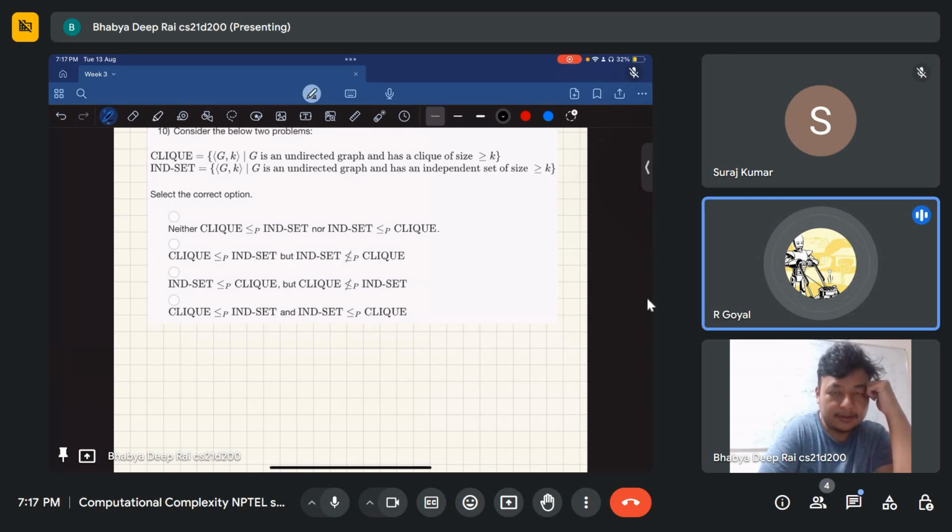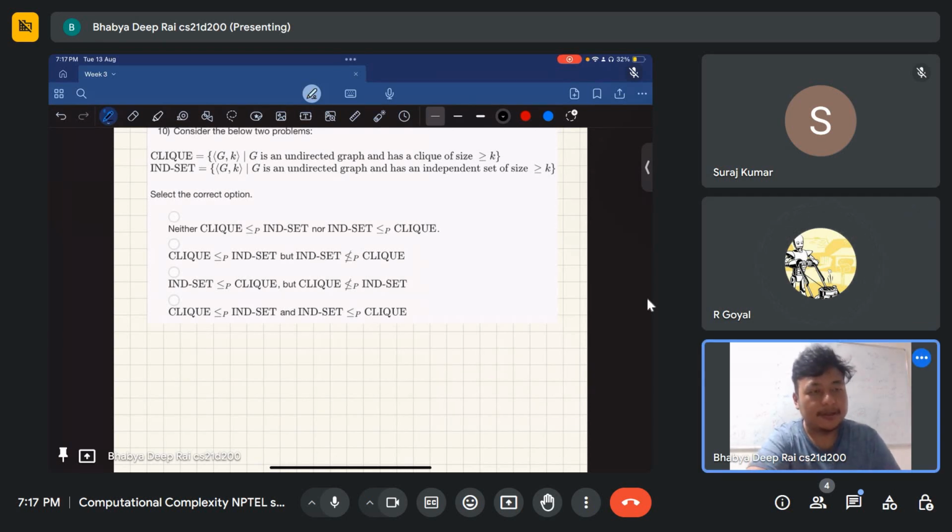So wherever there is an edge, do not include the edge, and wherever there is not an edge, include the edge. That is correct.